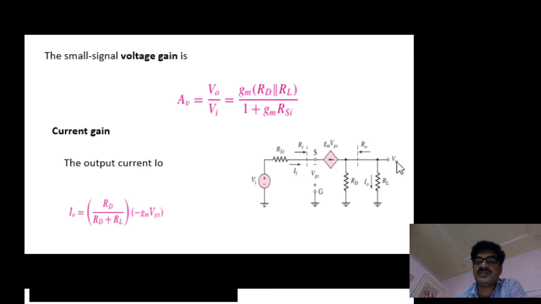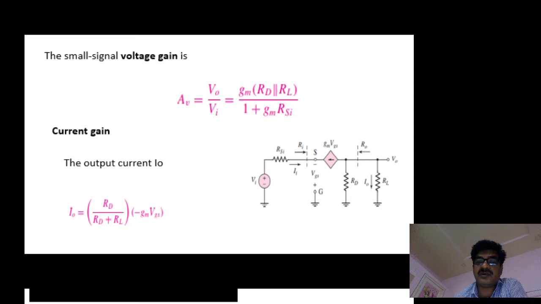This is a parallel circuit, and the supply current is minus gm VGS. Therefore the current in RL is minus gm VGS into RD divided by RD plus RL. Like that you can directly write the equation for I0.